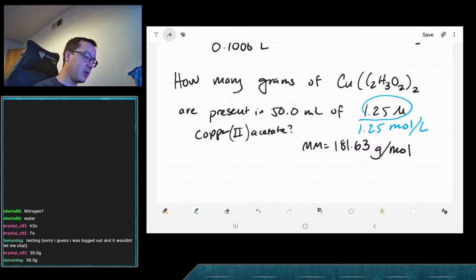We're essentially going from milliliters to grams. And so we know that we can go moles to grams, right? We have our molar mass there to do that. But our conversion factor here is moles per liter. So in fact, we're going to need to convert this to liters before we can convert it to moles. And so this would be kind of the plan for how we would do this unit conversion.